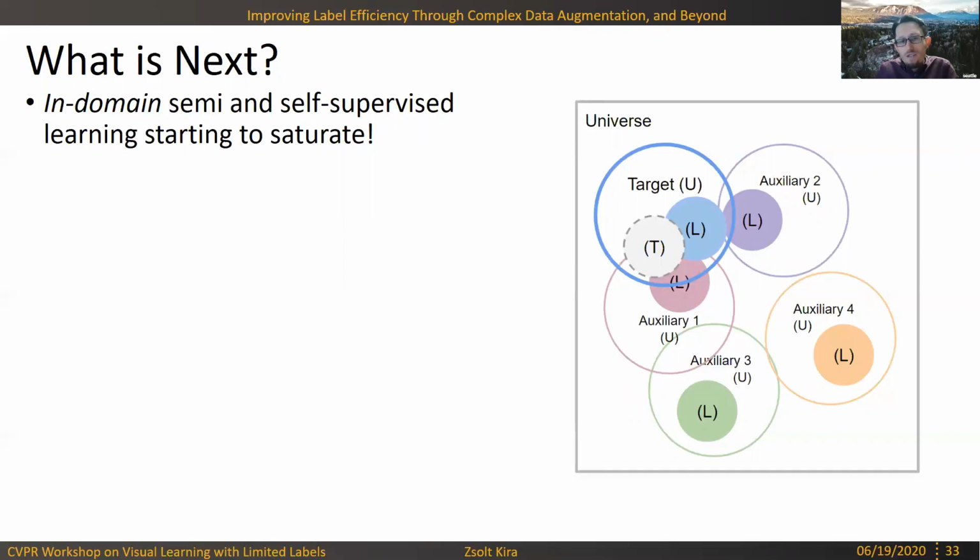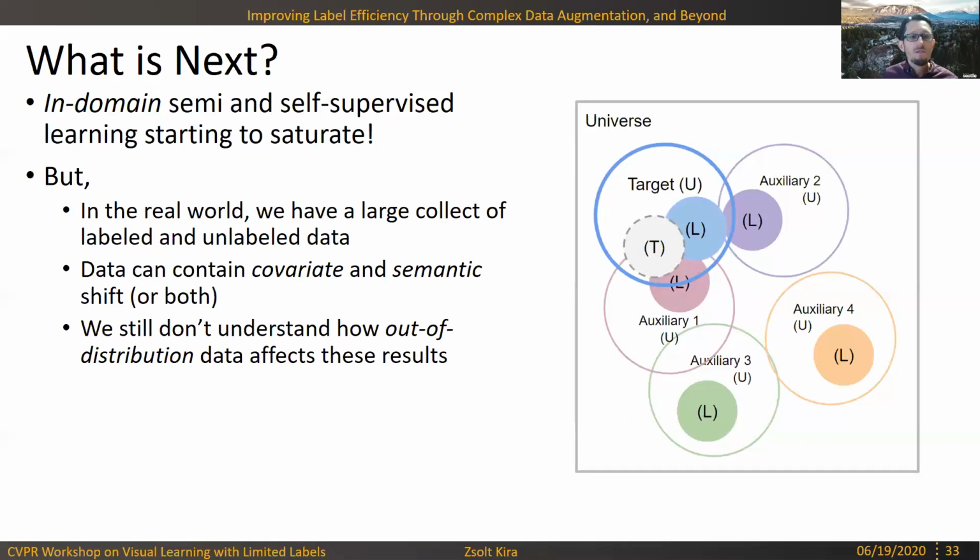With our work, as well as lots of great work by others, in-domain semi-supervised and self-supervised learning is really starting to do well and saturate. So we want to start moving beyond this, right? In the real world, we have large collections of unlabeled and labeled data from many different distributions, in domain and out of domain.